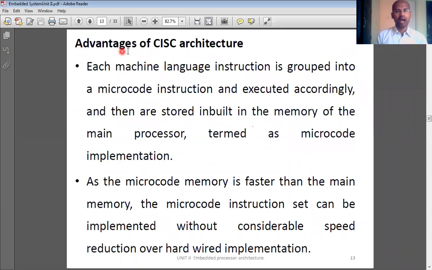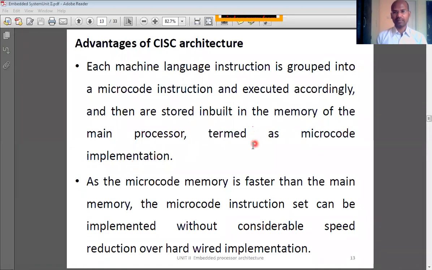Next, advantages of CISC architecture. Now, what are the advantages of CISC architecture? Each machine language instruction is grouped into a microcode instruction and executed accordingly, and these are stored inbuilt in the memory of the main processor, termed as microcode implementation.